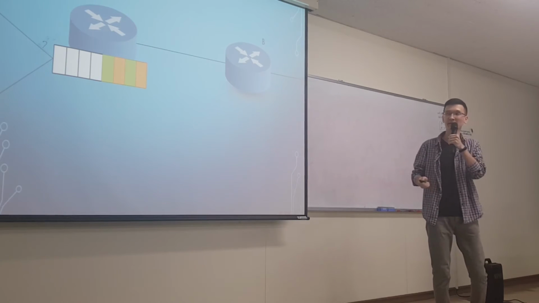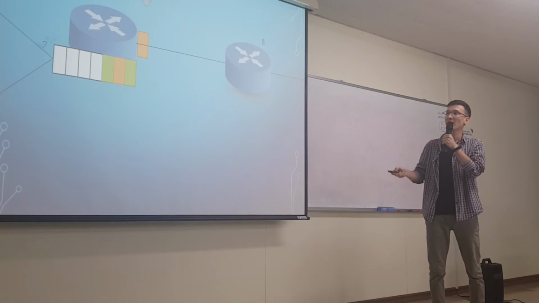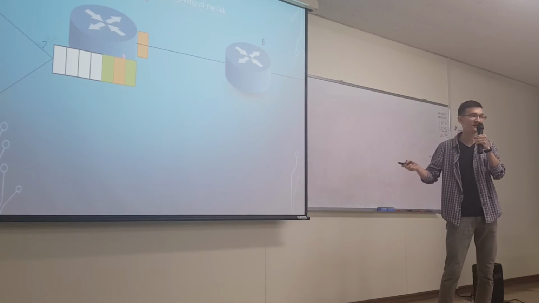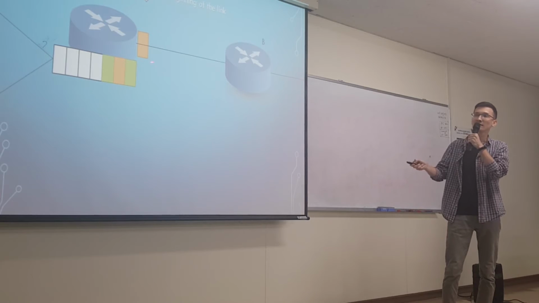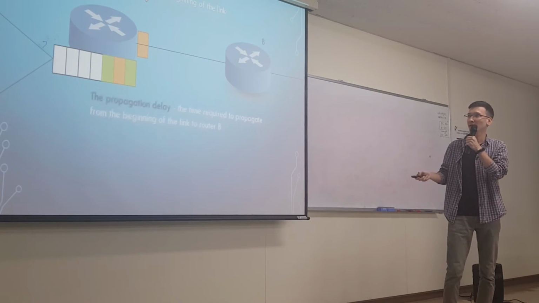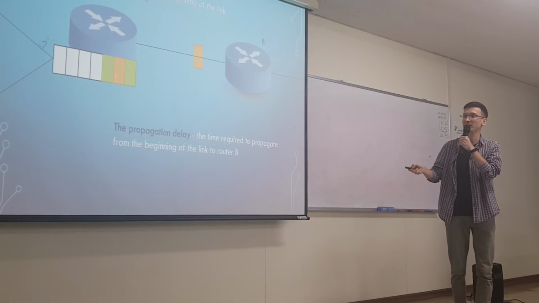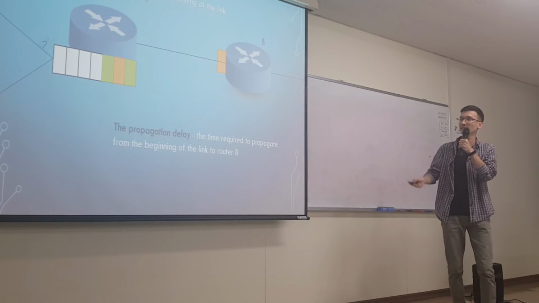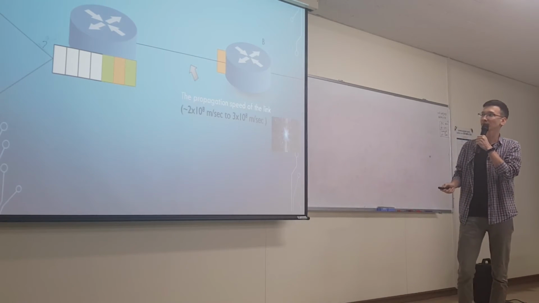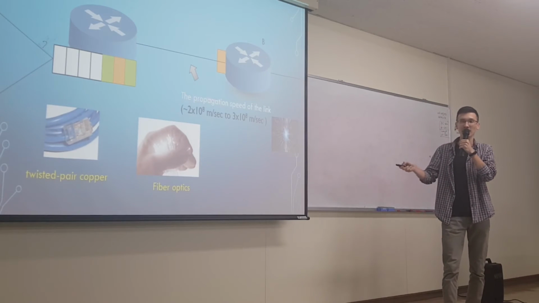Next, propagation delay. After our packet is transmitted, it will stay at the beginning of the link here. The propagation delay is the time required to propagate from the beginning of the link to the router. The propagation speed of the link is equal to this number.